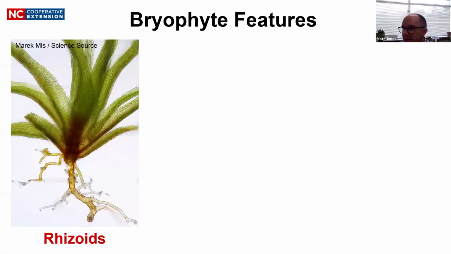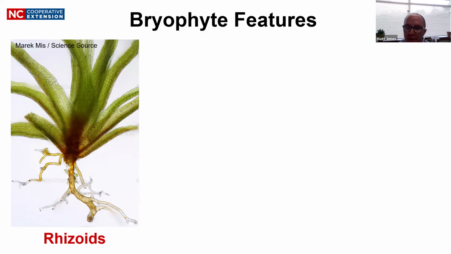So all the bryophytes have structures called rhizoids that are mainly for anchorage to surfaces. These are different from roots. They don't have true roots. Unlike true roots in more advanced plants, they don't have the internal and external anatomy to efficiently transport water.